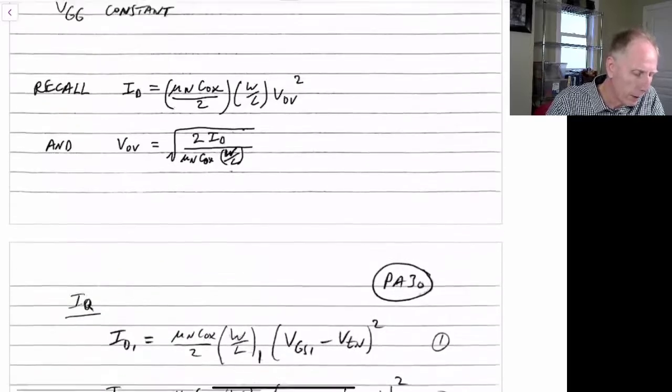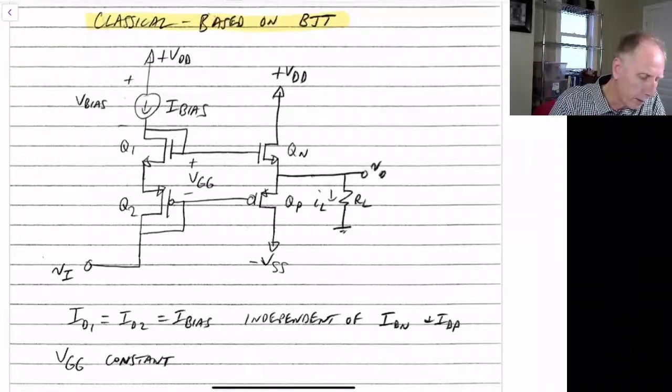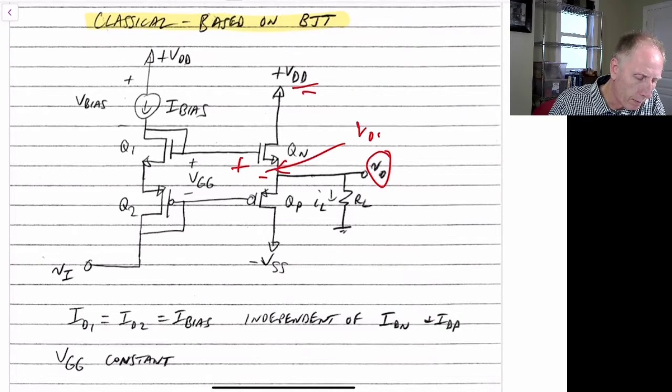So this is the key part here, is that the output voltage here, the closest it can get to VDD, will depend upon the overdrive voltage of this NMOS, this NMOS power transistor. And when we're driving a lot of current through that, that's going to be a very large overdrive voltage.